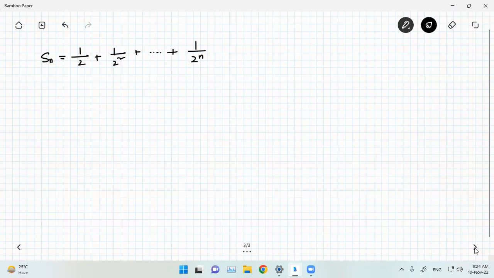So now if you multiply this with half, then we have half Sn equal to 1 by 2 square plus 1 by 2 cube plus goes up to 1 by 2 to the power n plus 1.